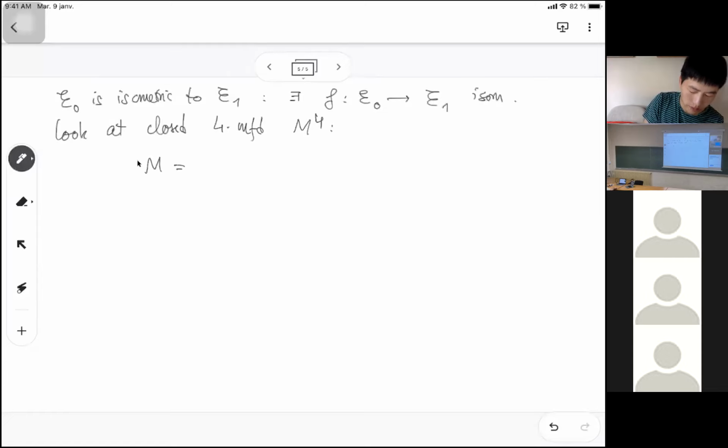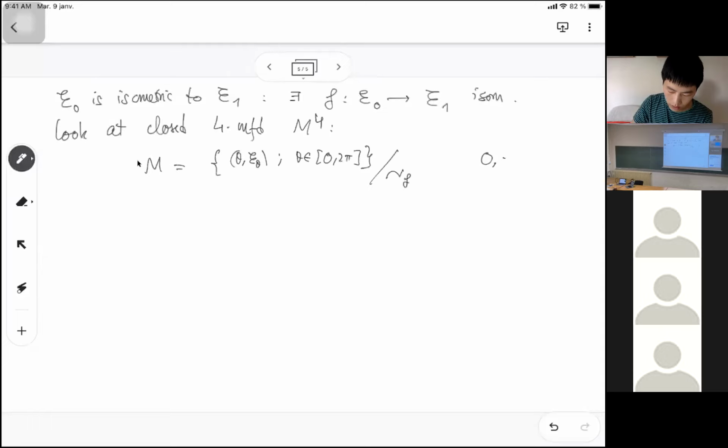That is defined by M being all this family of E theta, but then you quotient by this relation where (0, x) is equivalent to (1, f(x)).